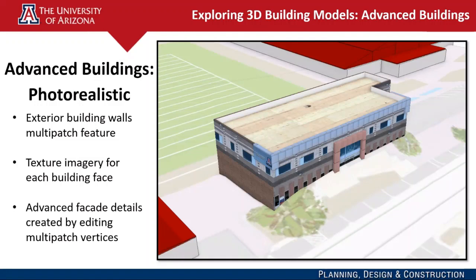If you look on the corner of the building here, there's actually a protrusion. There's a big sign that was put up there. By editing multi-patch features, you can create exact sizes and extrude that a specific amount, and it lets you add a lot more detail.